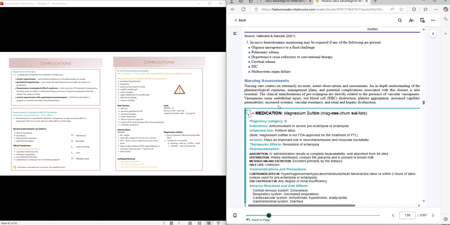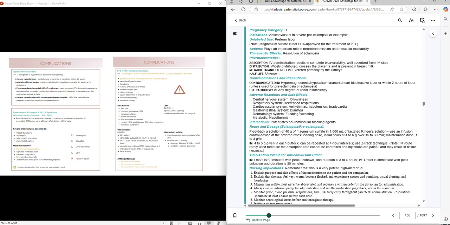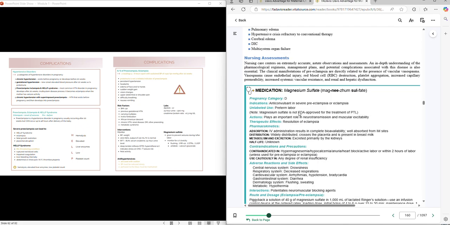Page 160 goes into detail about mag sulfate. Please understand that this is a wink and lollipop. You need to know all the things you can about magnesium sulfate. This is our big OB drug. Know this magnesium sulfate box on page 160.